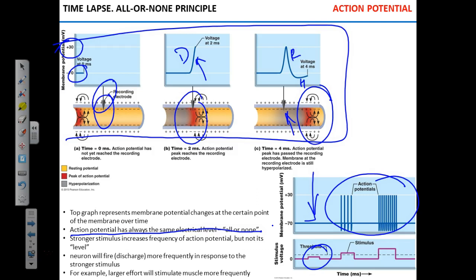If there is no action potential, are you going to feel the stimulus? Are you going to detect it? You won't be able to, correct? Only when the stimulus is strong enough to cause the depolarization that crosses the threshold and generates an action potential. Do we understand the idea of all or none and increased frequency?